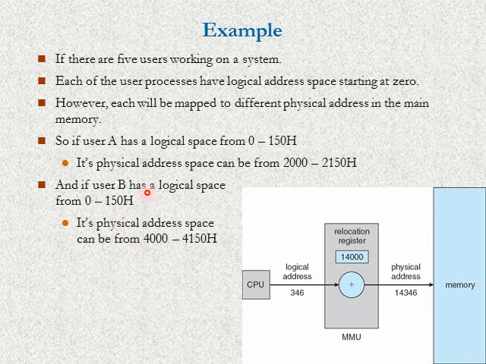Which means that this logical space is mapped onto this physical space. So for the relocation register of process A, the value will be 2000, and the relocation register of process B may contain a value of 4000.